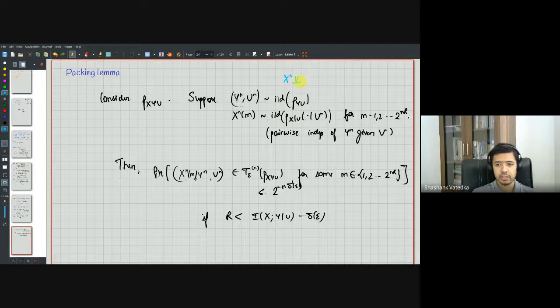So x^n(i) is independent of y^n conditioned on u^n.